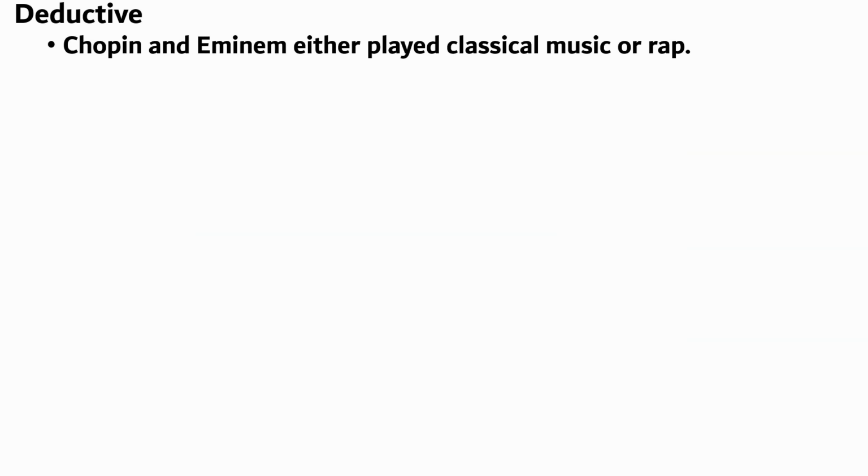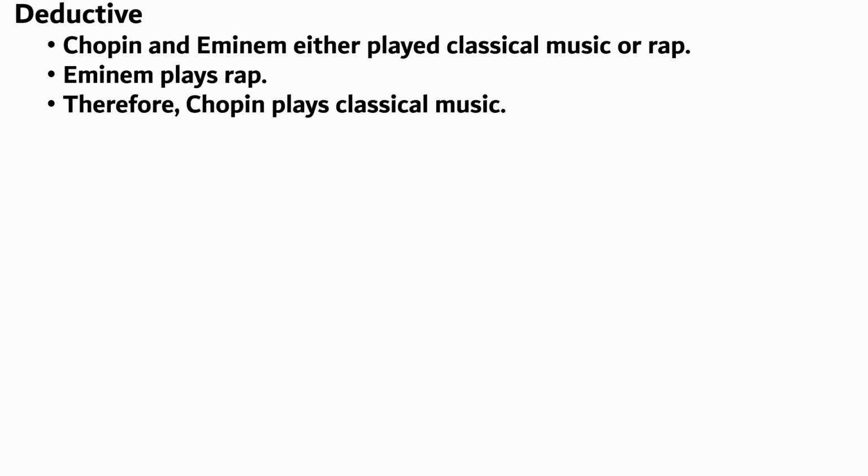Deductive logic. Chopin and Eminem played either classical music or rap. Eminem plays rap. Therefore, what type of music does Chopin play? You guessed it, classical. If premise 1 is true and premise 2 is true, then the conclusion has to be true. Does this give us a deeper understanding of something?